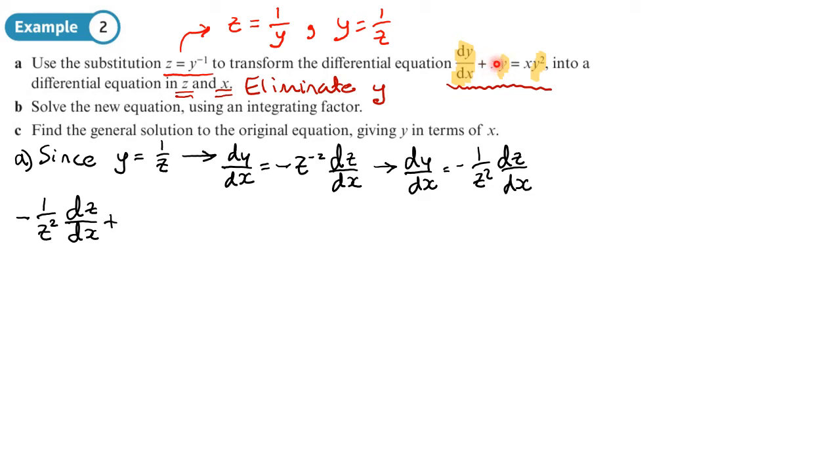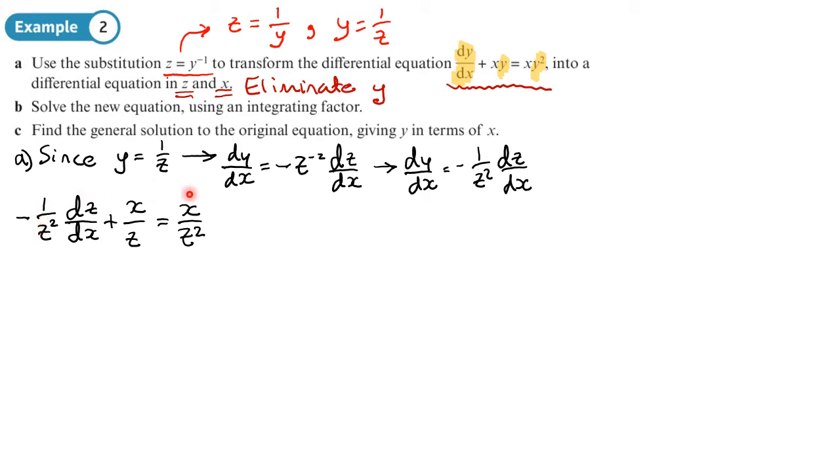So we're now going to make that x times by 1 over z, we'll replace y with 1 over z. So that will be x over z equals x times y squared. So that will be x times by 1 over z squared if we square that. So that will be x over z squared.